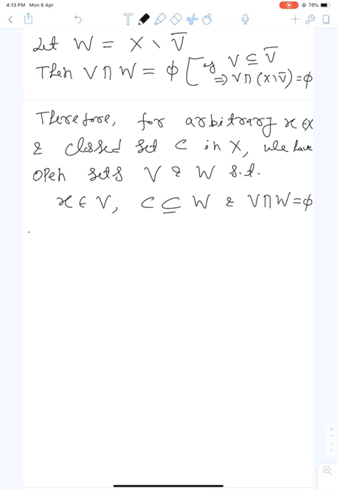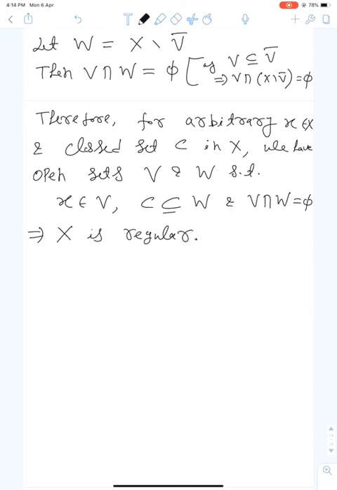Now this implies X is regular. Therefore the given condition is equivalent to X being regular.